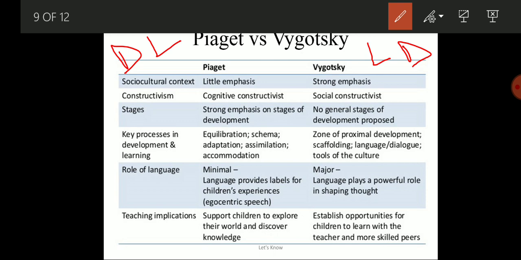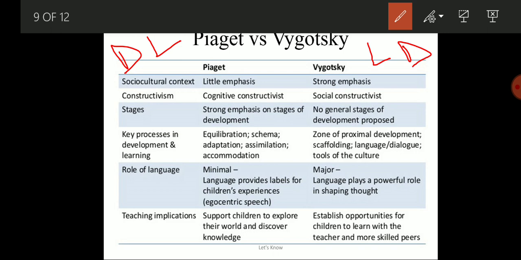So Vygotsky places importance on the socio-cultural context. Here you see constructivism, both are constructivist, but Piaget is a cognitive constructivist and Vygotsky is a social constructivist.